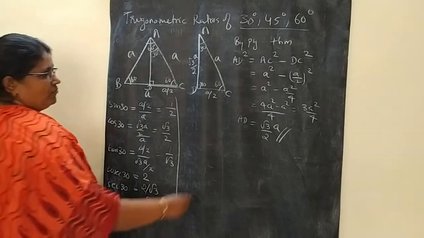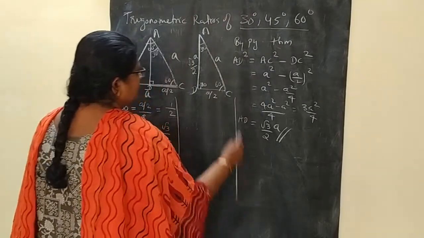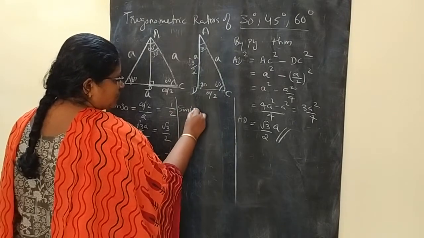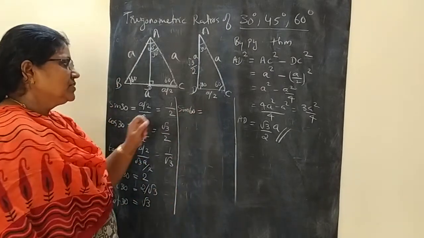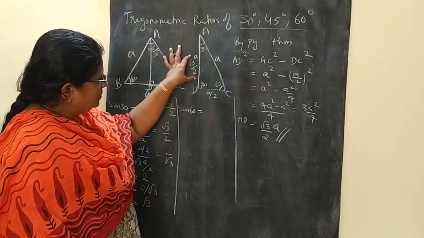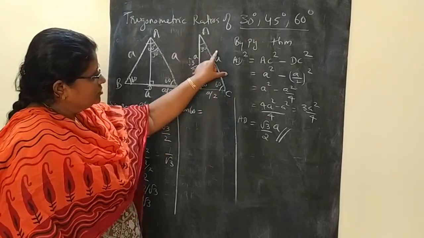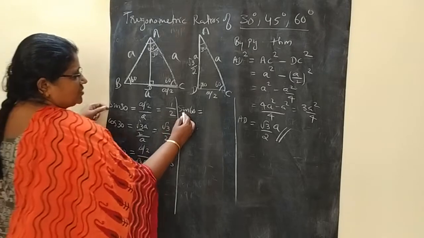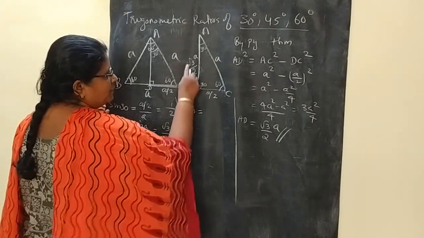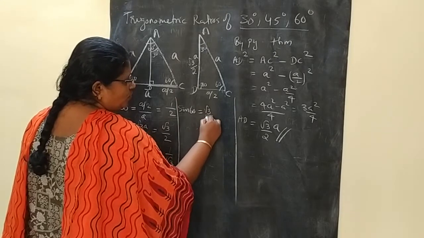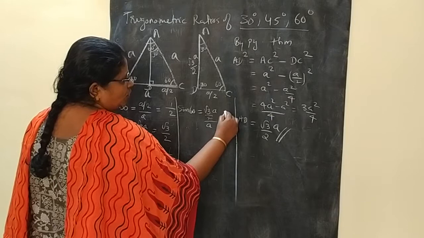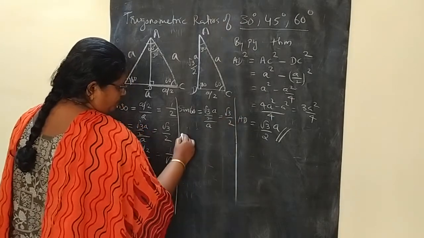In the same way, we can find the trigonometric ratios of 60 degree. Sin 60. Now we are looking at 60 degree. With respect to 60, this is the opposite, this is the adjacent, this one is the hypotenuse. The definition of sin 60 is opposite by hypotenuse. Opposite is root 3 by 2 a, divided by the hypotenuse a, so it is root 3 by 2.